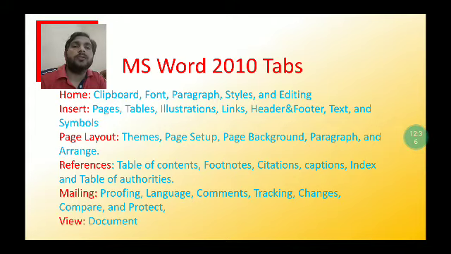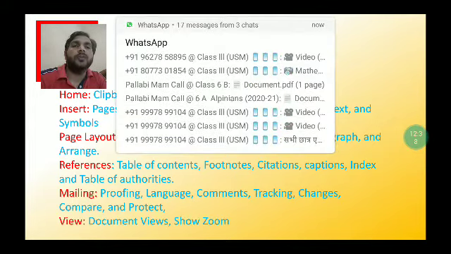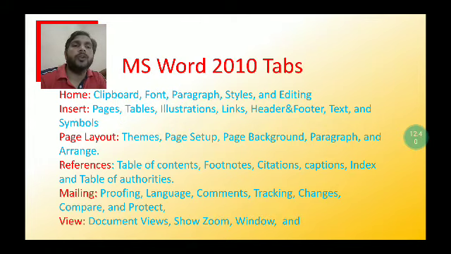Next, View. View contains document views, show, zoom, window and macros. So these are the tabs of MS Word 2010. If we click on a specific tab, then we can find the different options available in that particular tab.